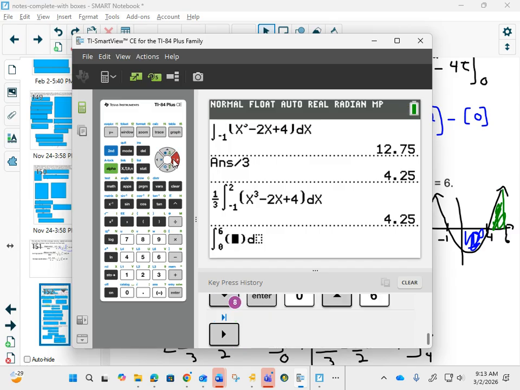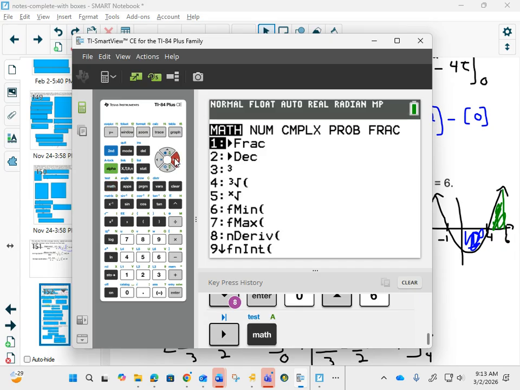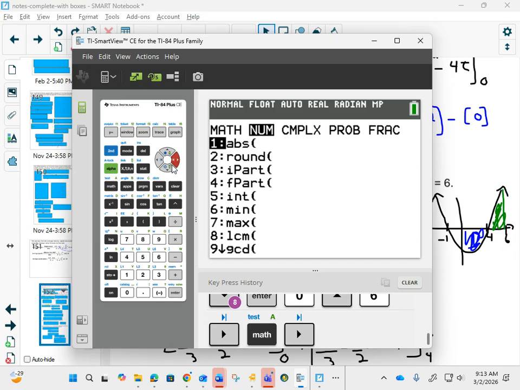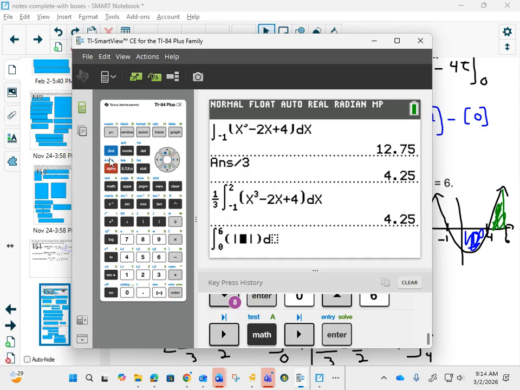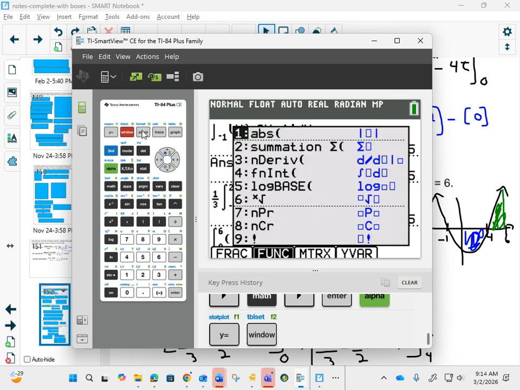And instead of rewriting my equation in here, I'm going to put my absolute value bars, which are a little bit hard to find on the calculator. You have to go to the math button and over to number. ABS is absolute value. Is it in any of the shortcut menus? Yes. Alpha F2 has the absolute value shortcut there as well.